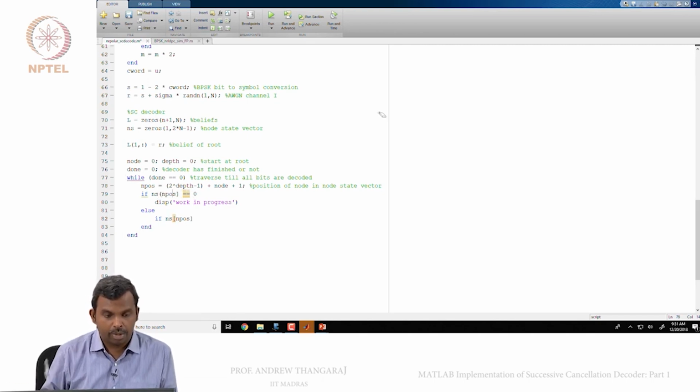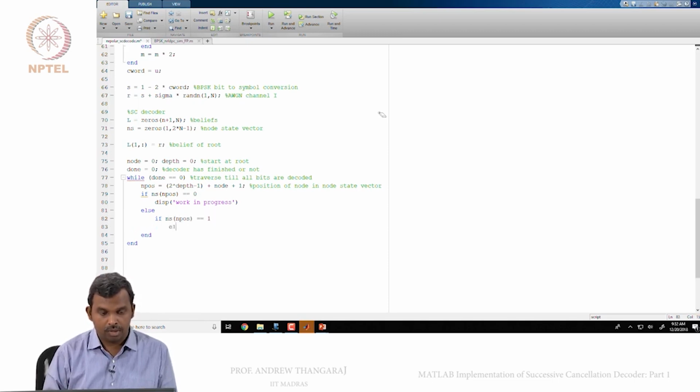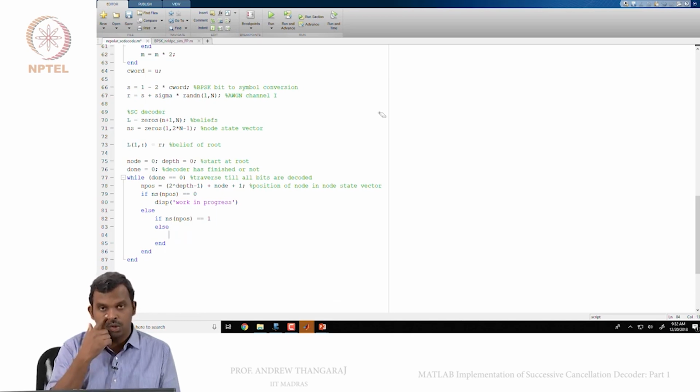This should be the wrong bracket. Ns of npos equal to 1, you have to do something, else if ns of npos equal to, actually else you do not need, I mean if it is not 0 or 1, it is going to be 2 and you know what to do.